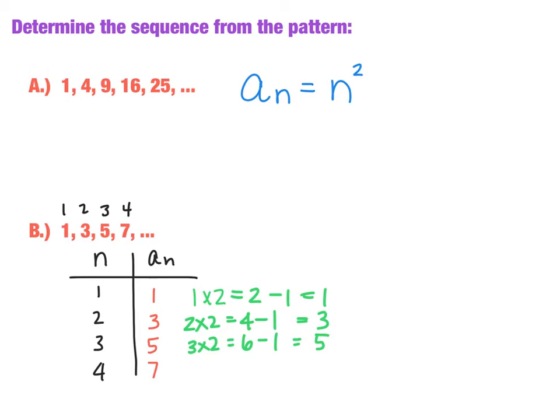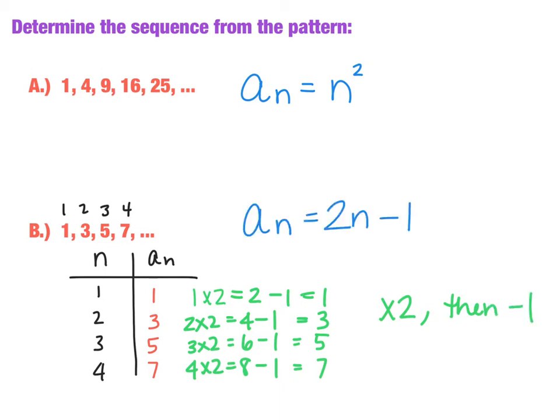I should stop saying take away because it's subtract. I'm not in 3rd grade. 4 times 2 is 8, subtract 1, that gives me 7. So what I'm really doing is multiplying by 2 and then subtracting 1. If I want to write that algebraically, I would express it like this: 2 times n, whatever term that is, and then subtract 1.